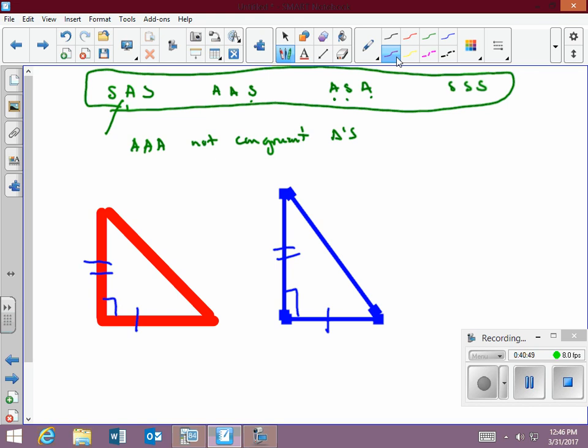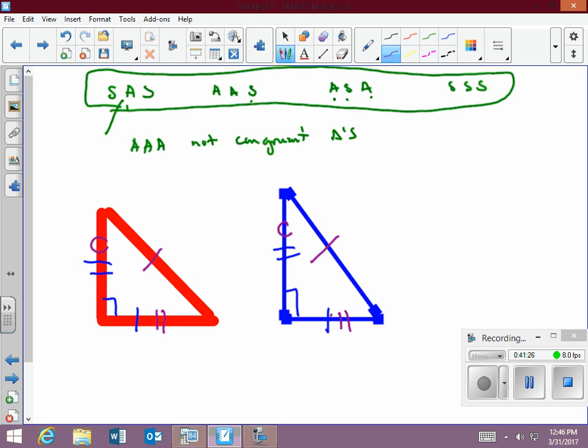So if you had this hypotenuse congruent to that hypotenuse on a right triangle, and this leg congruent to that leg, then you would actually be able to calculate the third side because of the Pythagorean equation.